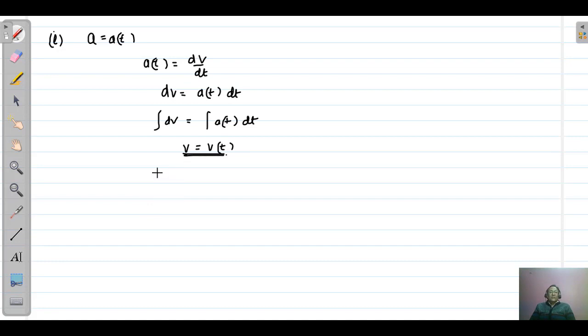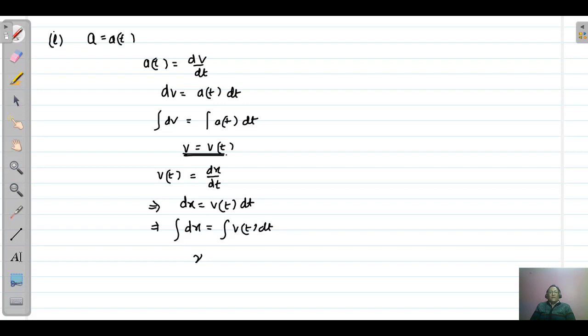Using this relation, because v is now a function of time, this is equal to the rate of change of displacement or position. So it can be arranged as dx equal to v(t) dt, and on integrating we get x equal to the integral of v(t) dt.